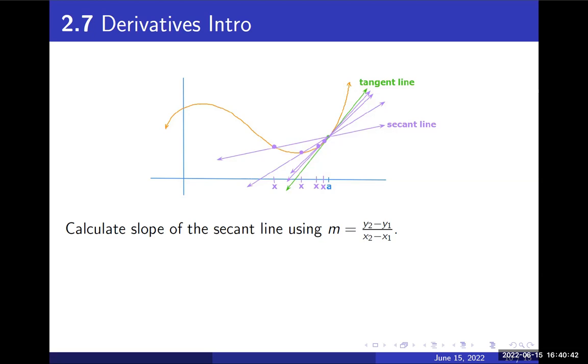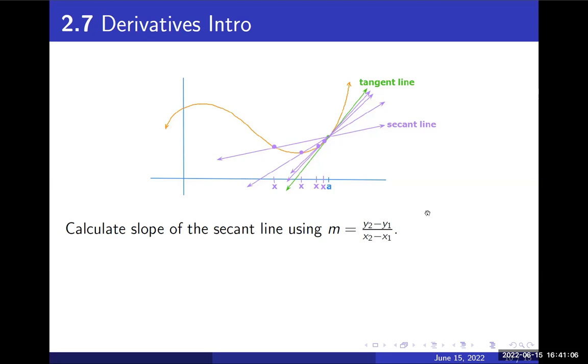We're going to use our formula for the slope that we learned way back in algebra, m equals y2 minus y1 over x2 minus x1. When we do this, we're going to think of x as being the x2, and we're going to think of a as being the x1.